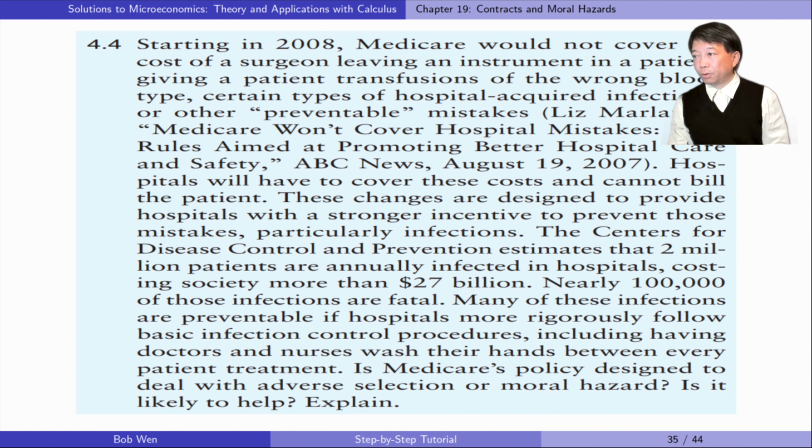These changes are designed to provide hospitals with a stronger incentive to prevent those mistakes, particularly infections.